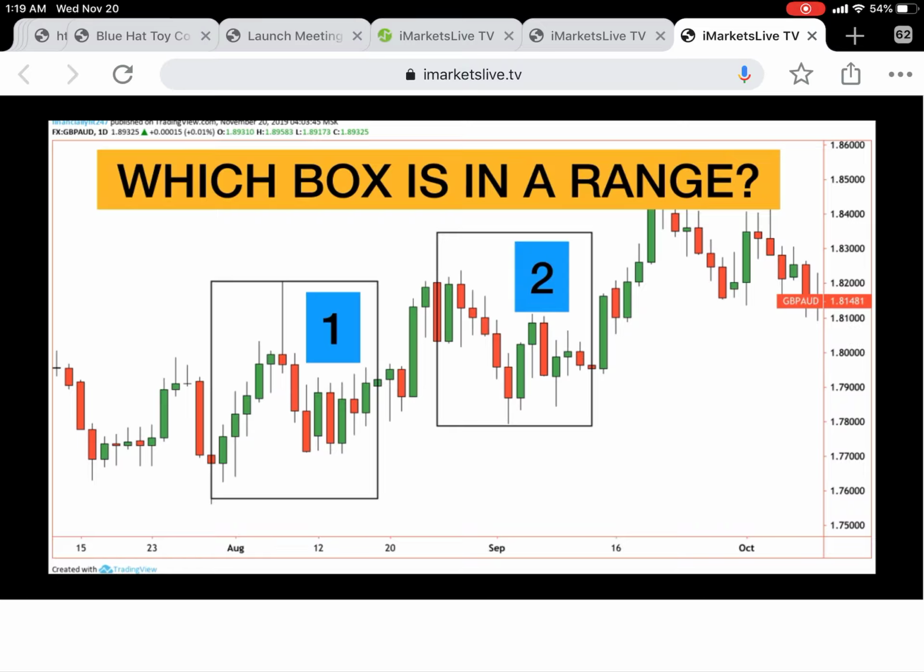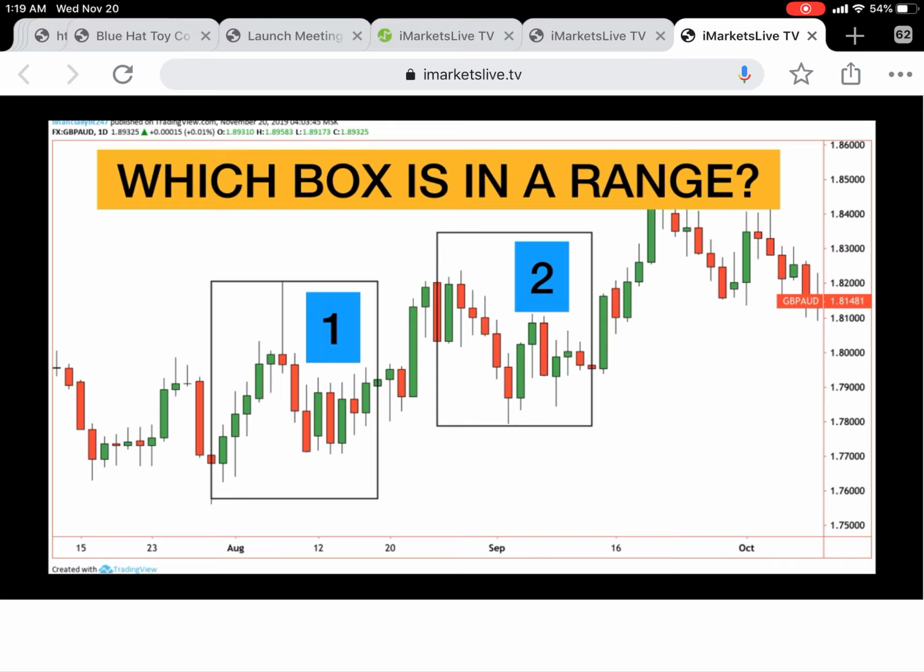Is box number 1 stuck in the range or box number 2? Someone says number 1. Y'all said number 1 is stuck in the range, huh? Number 2, we got two 2s. It's a tie. Someone says both, both stuck in the range.